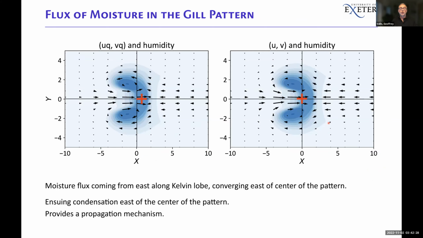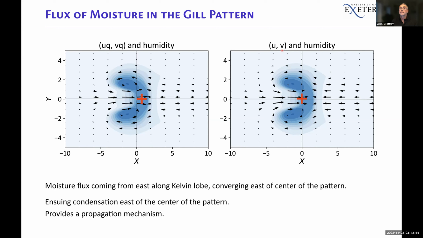And here we see it one more time. I'm looking at the convergence of the moisture here in this left-hand plot. These arrows are u times q and v times q, and the blue contours are its convergence.